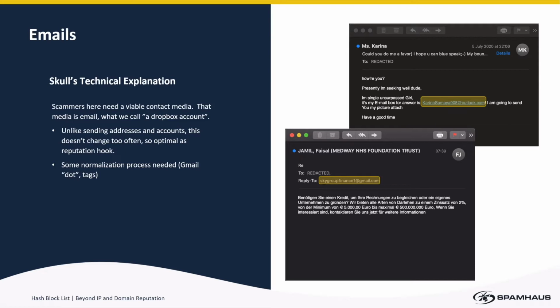And you just normalize that email address and use it as the generator for a hash. So you use a crypto hashing algorithm to generate a hash out of it, and then you just query the hash against a DNSBL, just like you would for a domain or an IP. You do that with a hash. That is again something relatively easy to do.